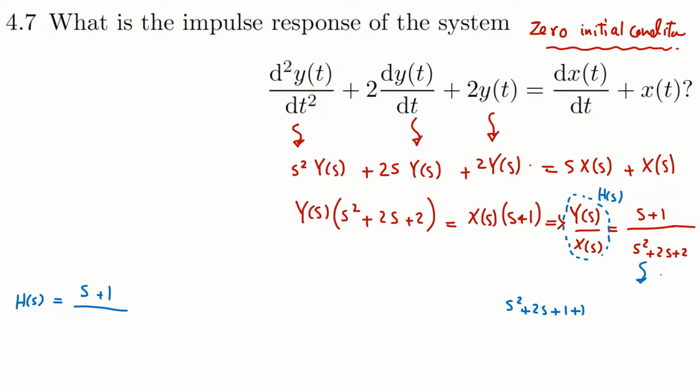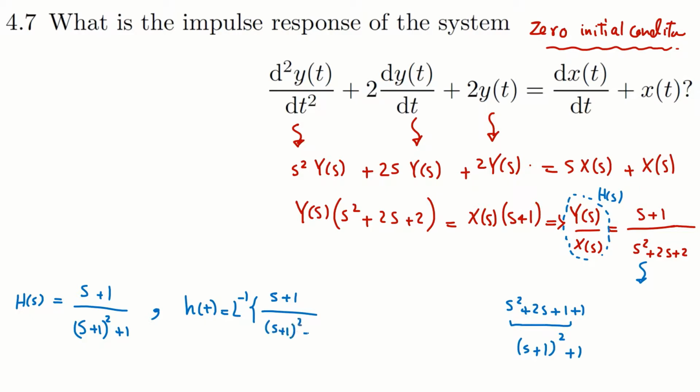Instead of 2 I wrote 1 plus 1, and this equals s plus 1 squared plus 1. This is H of s. And if I want to find h of t, I have to take the inverse Laplace of H of s, or the inverse Laplace of s plus 1 over s plus 1 squared plus 1. I have to take the inverse Laplace transform of this.